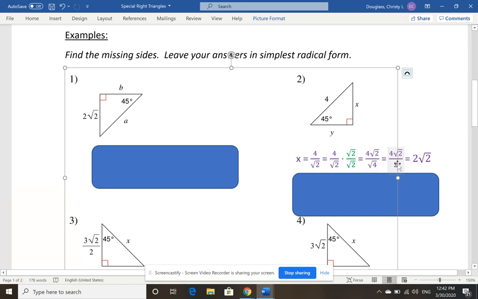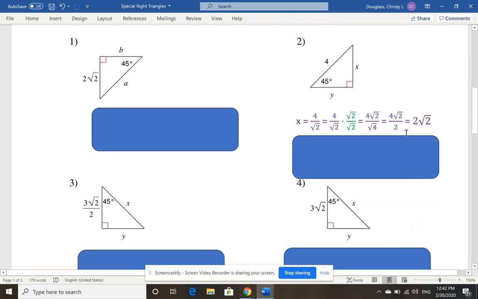Well, now I have something, first of all, my denominator is nice and rational. Notice now at this stage, there is no radical sign in the denominator. That's the point of rationalizing the denominator. And now the 4 and the 2 that are not under the radical sign can actually do math together.